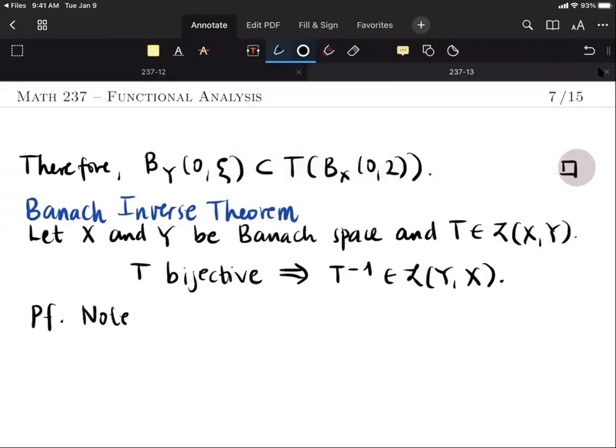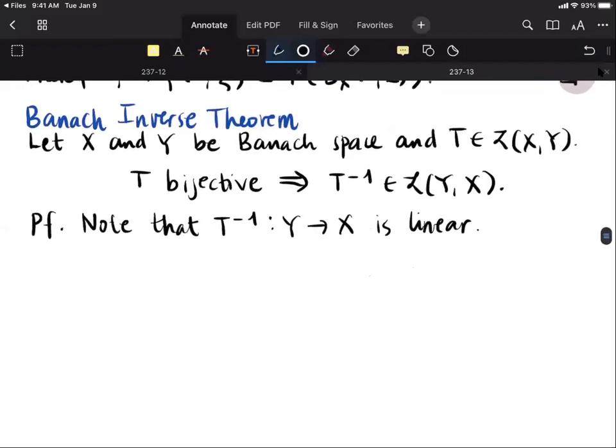From linear algebra, note that the inverse is linear. If your linear map is bijective, then the inverse is also linear, and you can easily show this observation.